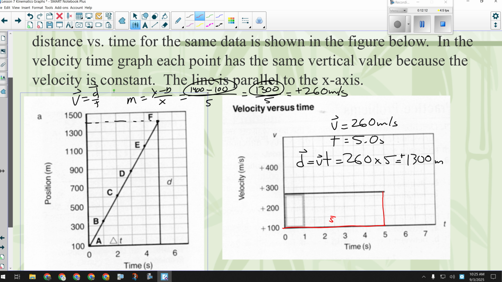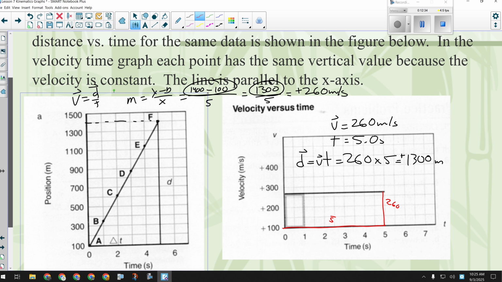I went base times height. I found the area under the line, or between the line and the x-axis. Does that little rule ring a bell for anybody? It's okay to have that in your back pocket. That's how I calculate displacement from this kind of graph.